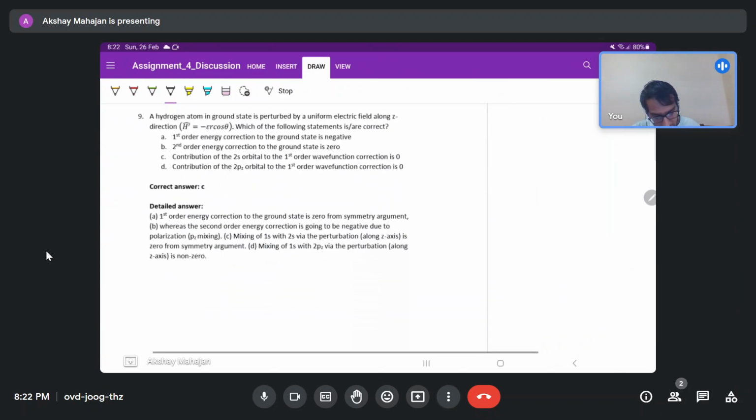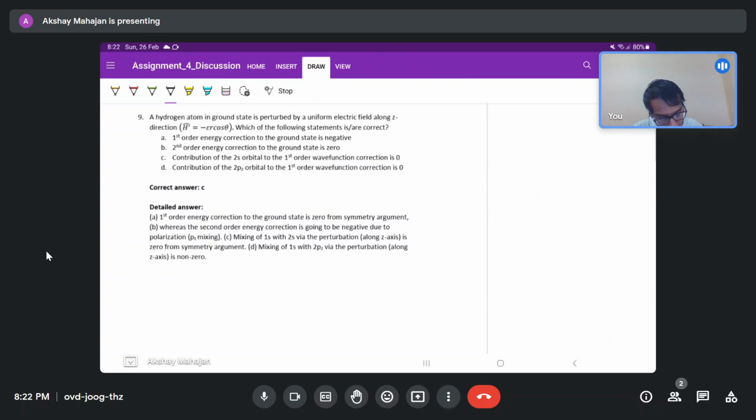Next is a hydrogen atom in ground state is perturbed by a uniform electric field along z direction. Which of the following statements is or are correct? Okay, so this we can discuss. For the first statement, A, the statement is about the first order energy correction. So what is going to be the first order energy correction?